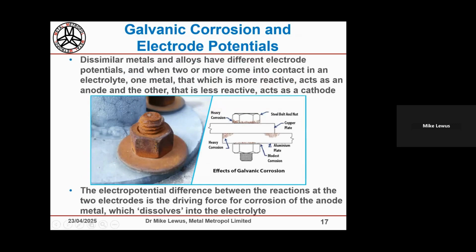I'm sure you've all seen examples of this, where this is just an example where we've got a steel bolt and nut holding together a copper plate and an aluminium plate.